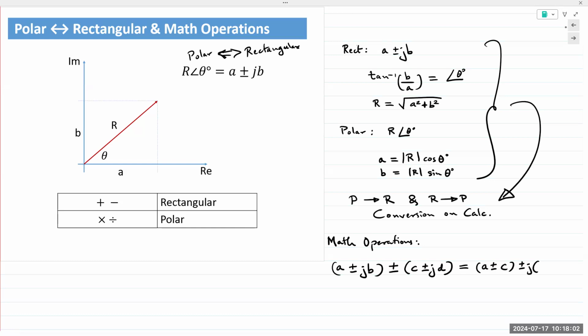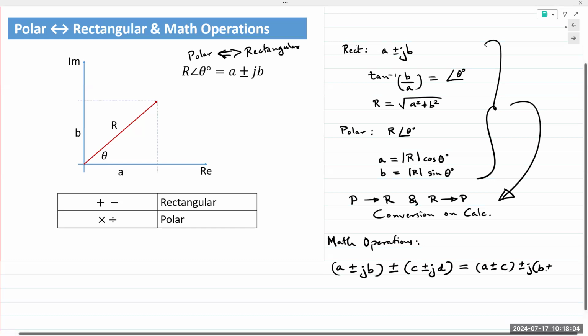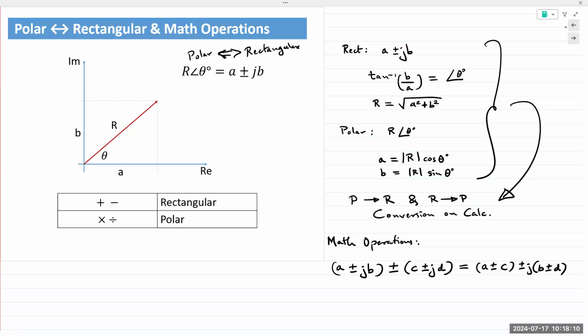And you would take the imaginary portion and perform the operation on those respectively. So again, it is easier to perform addition and subtraction of two or more complex numbers if they are all in rectangular coordinates. You simply take all the real portions together and you take all the imaginary portions together.